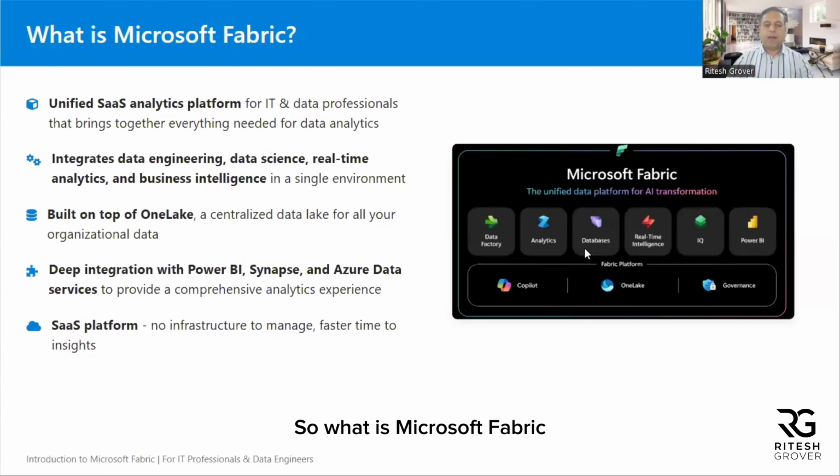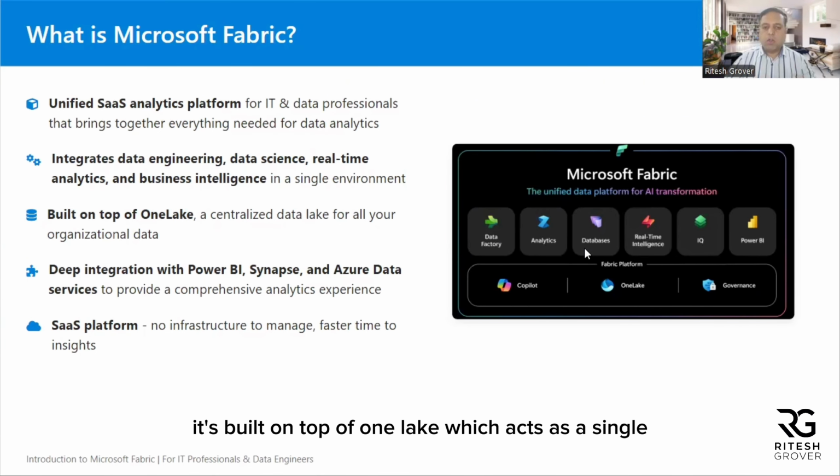What is Microsoft Fabric? So what exactly is Microsoft Fabric? Microsoft Fabric is a unified analytic platform that brings together all the key data tools, from data engineering and data science to real time analytics and Power BI, under one single SaaS solution.